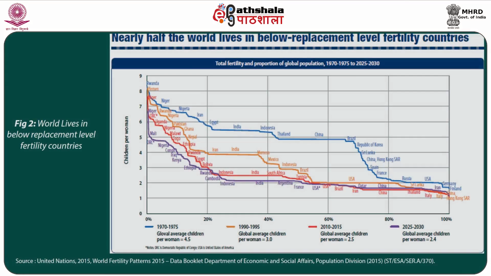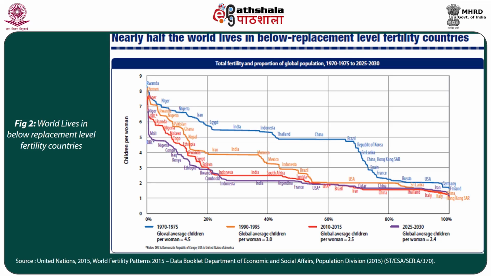Figure 2 gives the total fertility and proportion of global population. The trends are available from 1970-75 to the projected values for the period 2025 and 2030. In 1970-75, the global average of children per woman was 4.5.